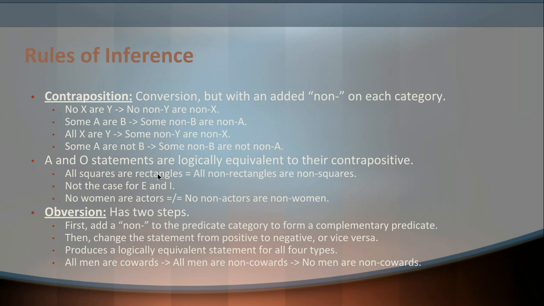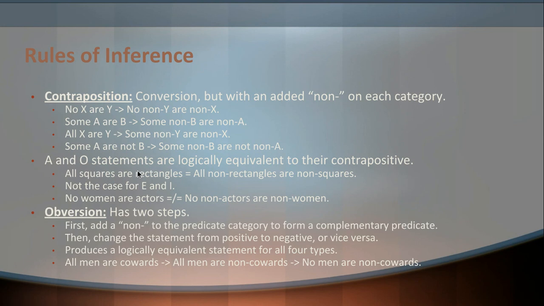And this honestly seems rather straightforward if we take it slowly. All squares are rectangles. Okay, that's true. By definition, if a thing's a square, it has all the properties needed to be a rectangle, so that's true. This first statement has a truth value to it.